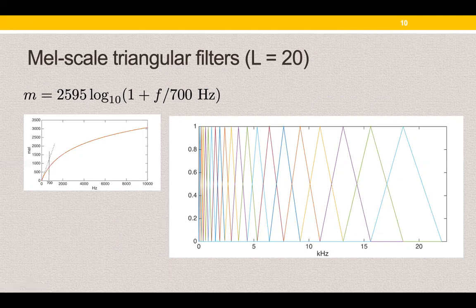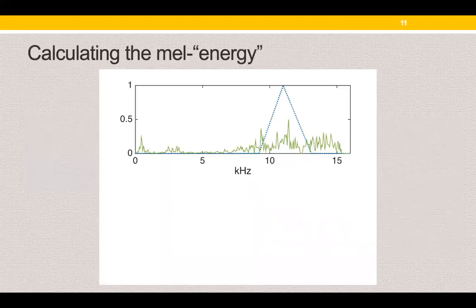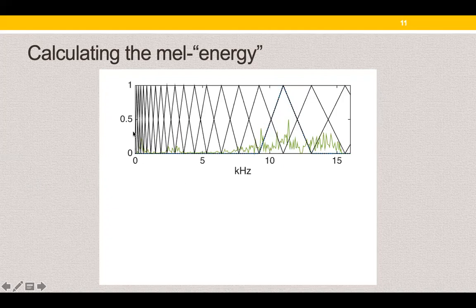In the next few slides, I'm going to explain how we use the triangular filters to convert our signal into a Mel scale representation. Here is how it goes. Say we have a magnitude spectrum like that, and one of the filters is right here. We have a total of 20 of them in this example.